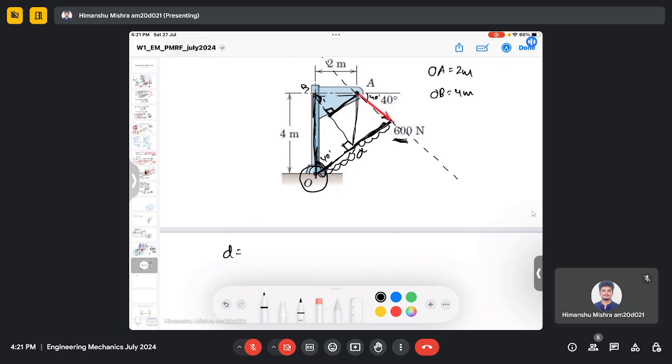And if this is my 40, this is 2 meter, and I need to find this distance, which is this. So this distance is 2 sine 40, and this distance, if I take this triangle, then this will be 4 cos 40.